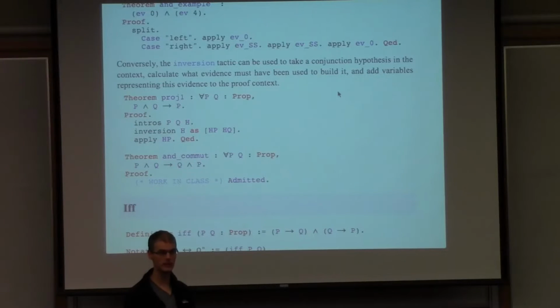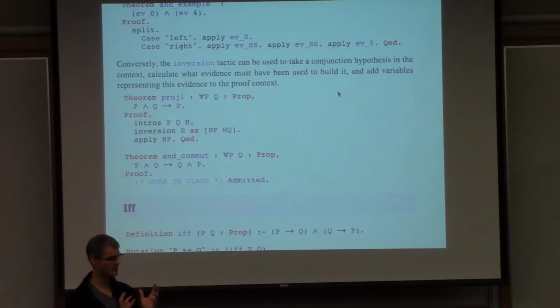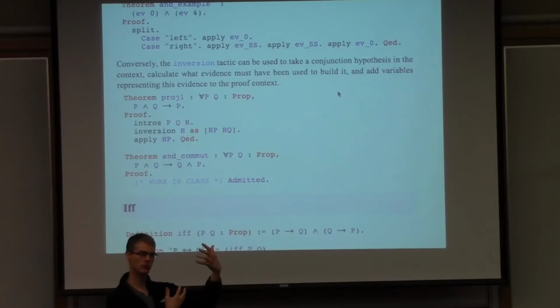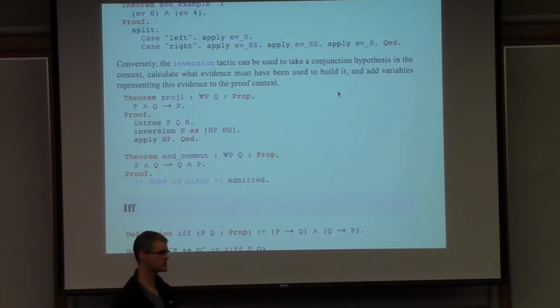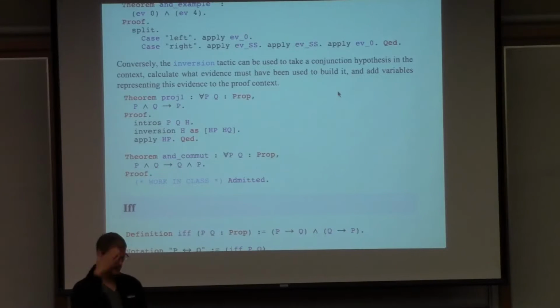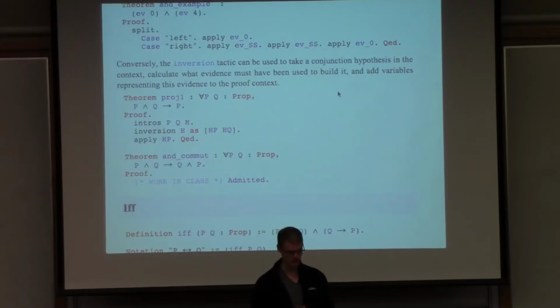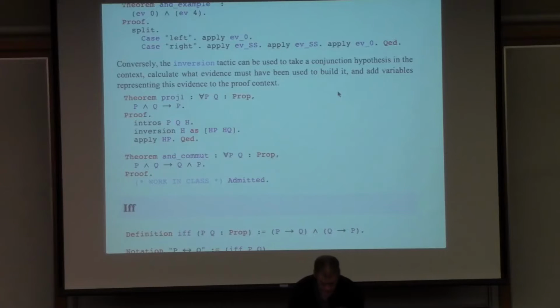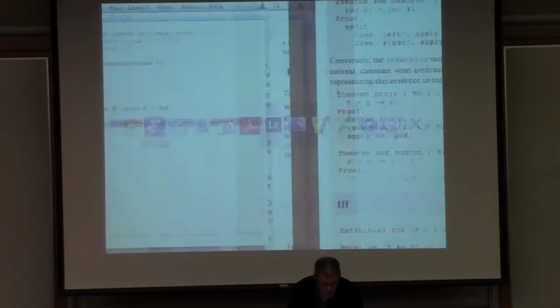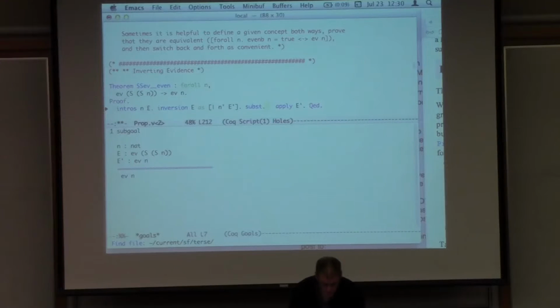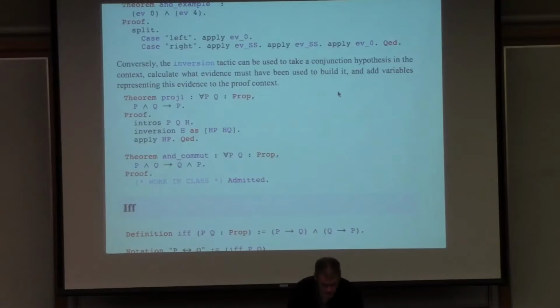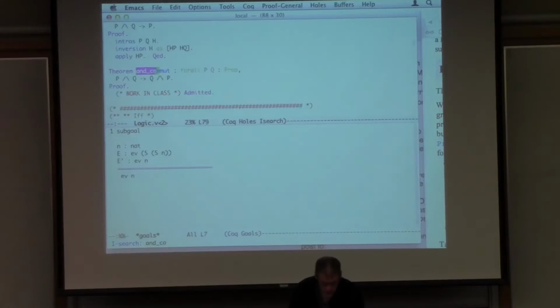That's exactly what we need here. So you say inversion and it gets pulled apart into separate hypotheses for the evidence that must have gone into building the evidence of P and Q. So let's actually do this little proof. So let's show that and is commutative.